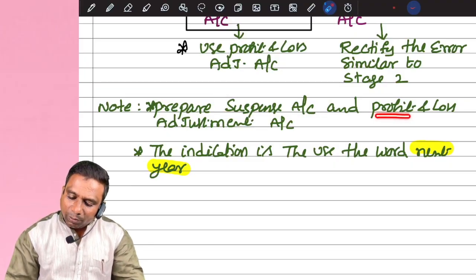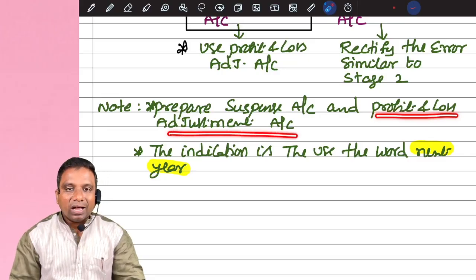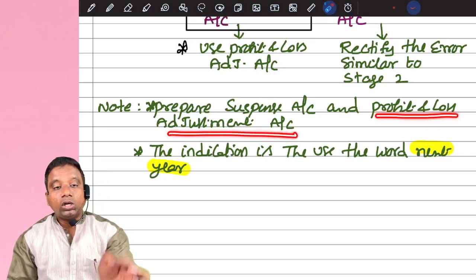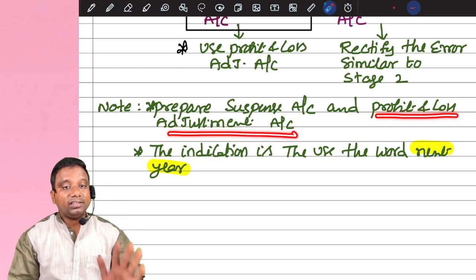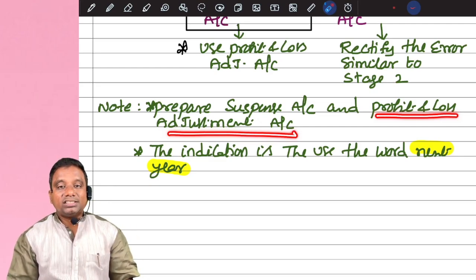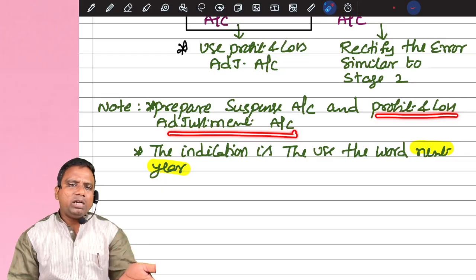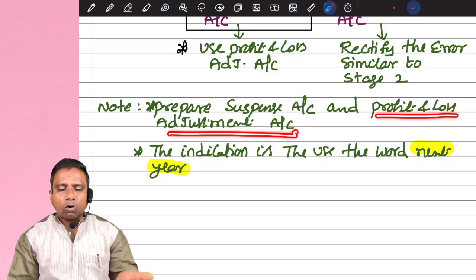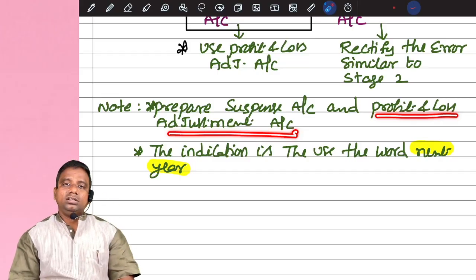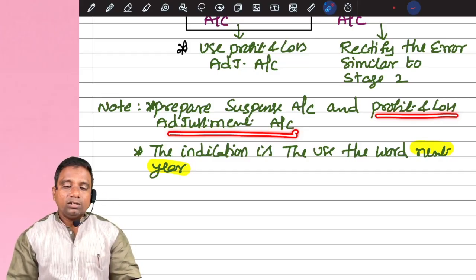Ultimately the profit and loss adjustment account balance is closed by transferring the amount to capital account. Don't forget this. The profit and loss adjustment account balance may be a debit balance, which means loss, or a credit balance, which means profit. Whether it is profit or loss, it is transferred to the capital account of the owner.